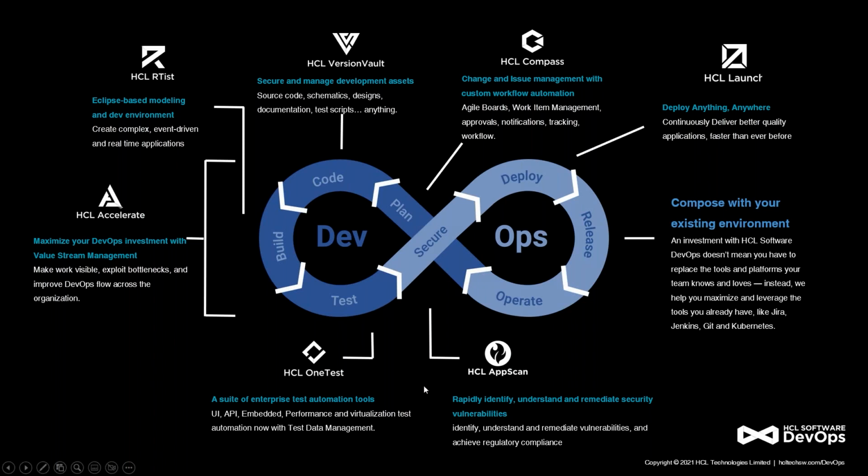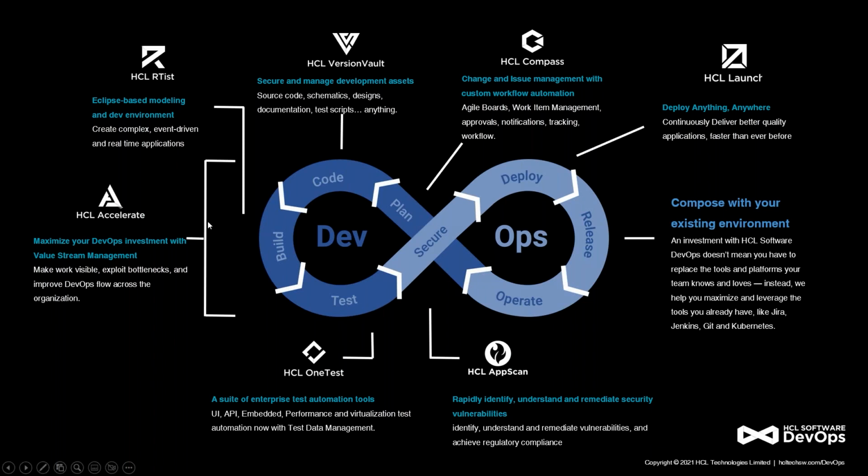AppScan fits into this as an overall DevSecOps operation, but I just want to make you aware that we have a suite of DevOps products available to enhance your development efficiency, giving you better visibility across your deployment lifecycle.